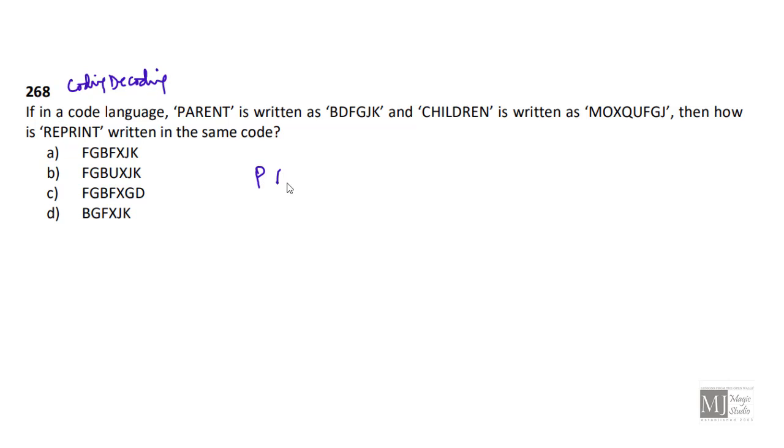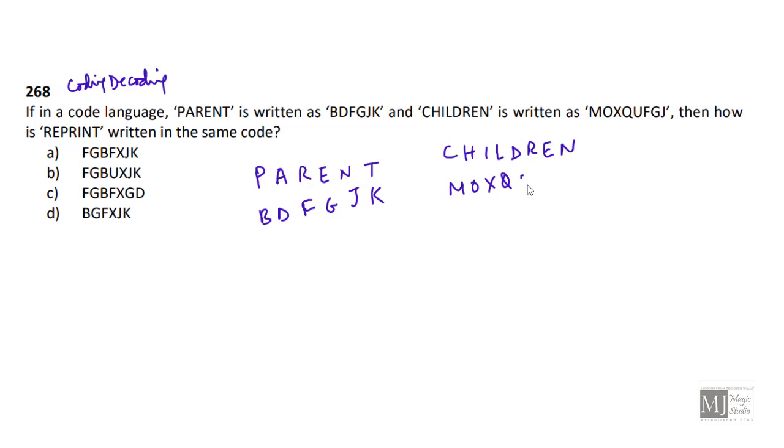In a code language, okay, a question from coding, decoding. In a code language, PARENT is BDFGJK, and CHILDREN is written as MOXQUFGJ. Then how are we going to write REPRINT? Let me see.